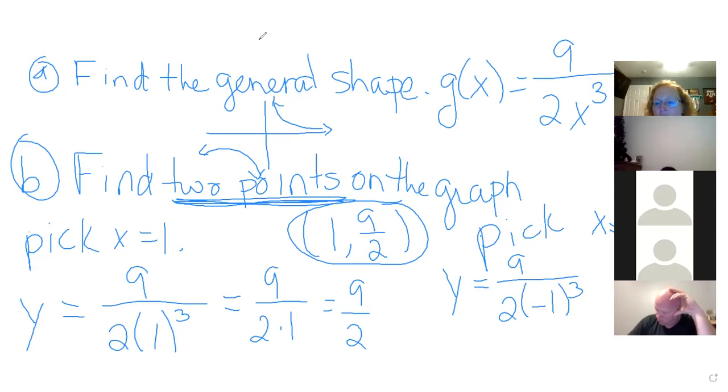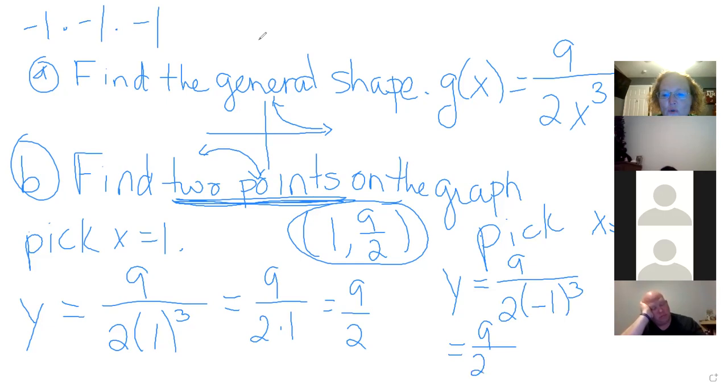Now this is where you have to be very careful. So I'm going to do this up into some scratch work over here because I don't have a whole lot of room. But to remind you what -1 cubed is, that is -1 times -1 times -1. So you'll notice you've got 3 negatives there. So what that means is that this is 9 over 2 times -1.